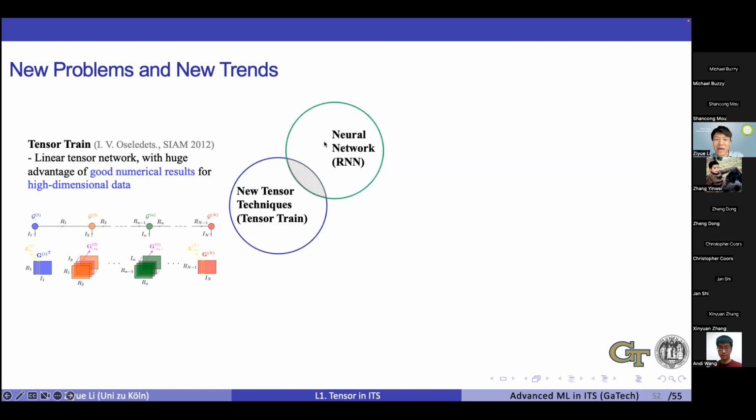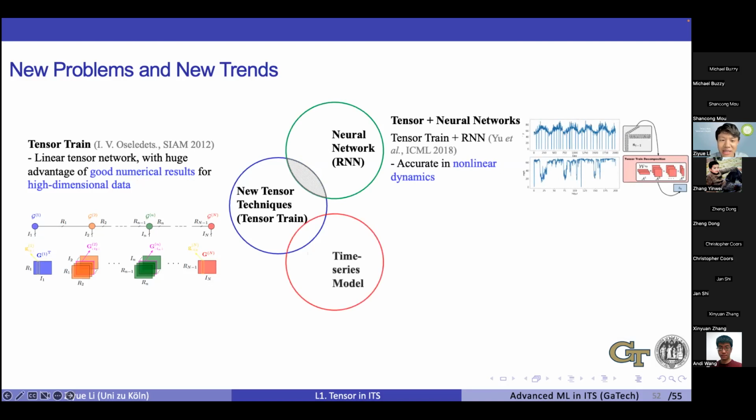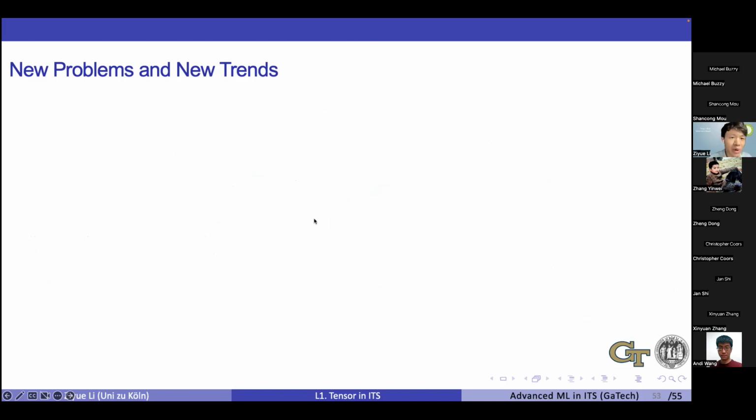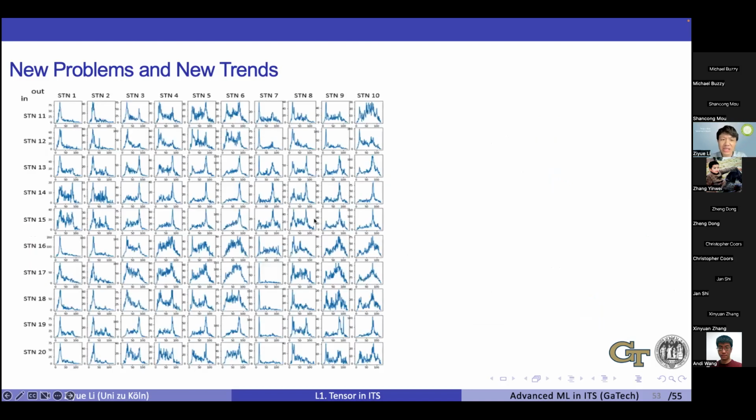And people also combine them with time series models to do longer term prediction, for example up to 20 days. And also, maybe there are some new problems.